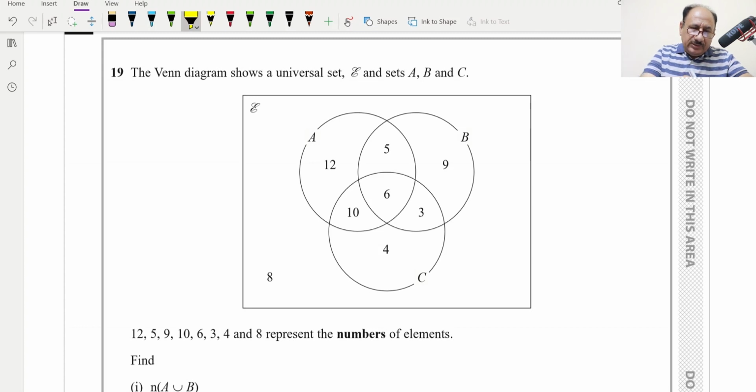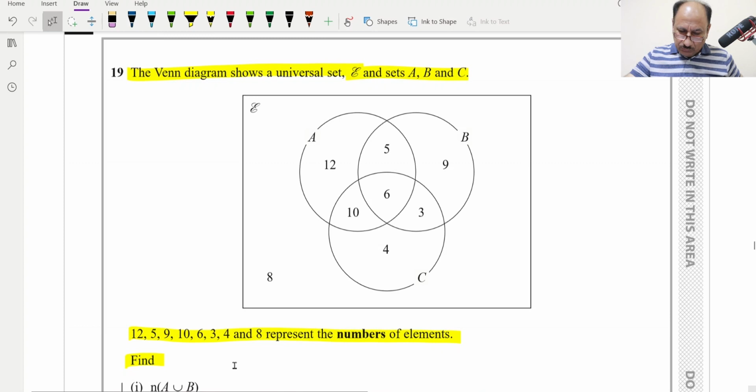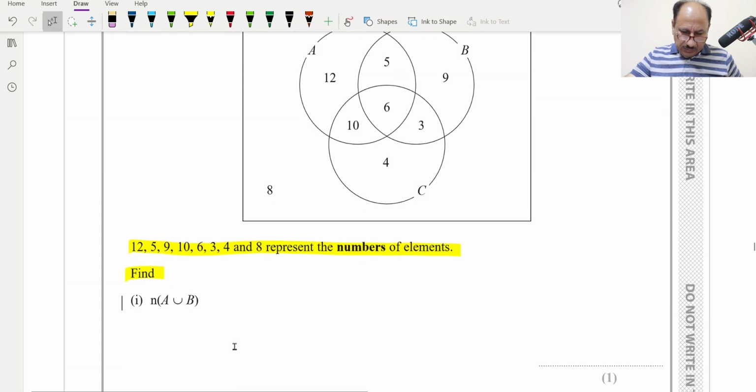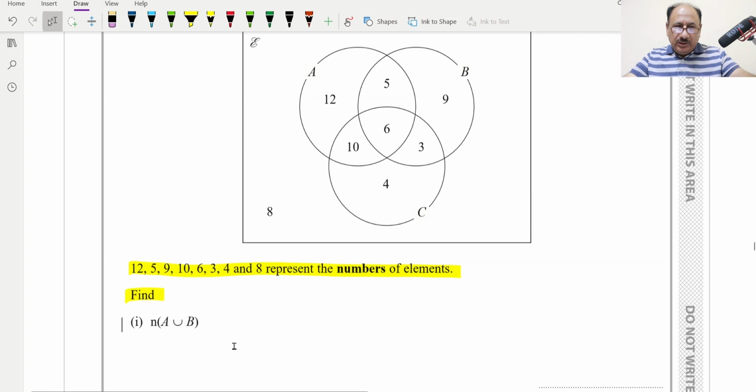Question number 19. The Venn diagram shows a universal set and sets A, B, C. So this is the universal set, and these represent the numbers of elements. Find the number of elements. So this is A union B. A union B will be what?